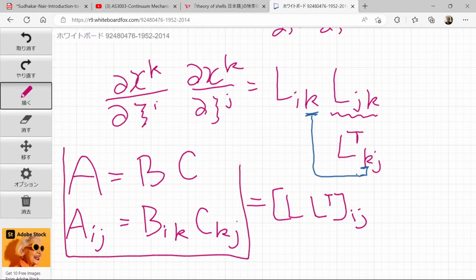This is worth remembering. You have k in between for the summation convention, and the same rule applies here. So this k in between is the summation convention for matrix multiplication, right? So I think this is clear.